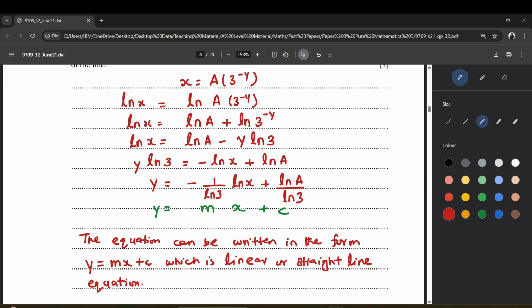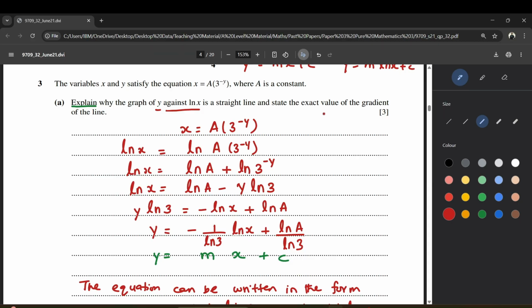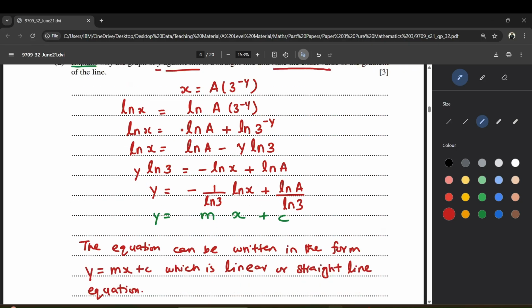Okay, so this is how we have justified that the graph of y against ln x is a straight line. Then it also asks you to state the exact value of the gradient of the line.